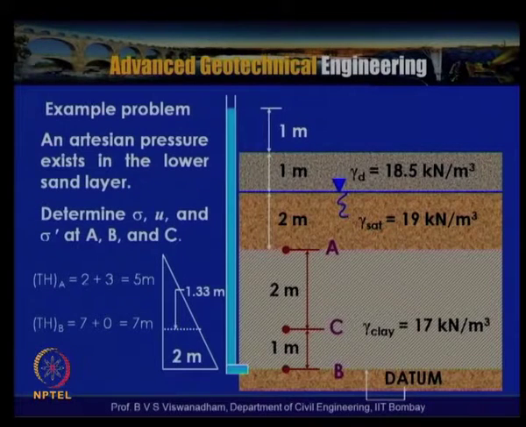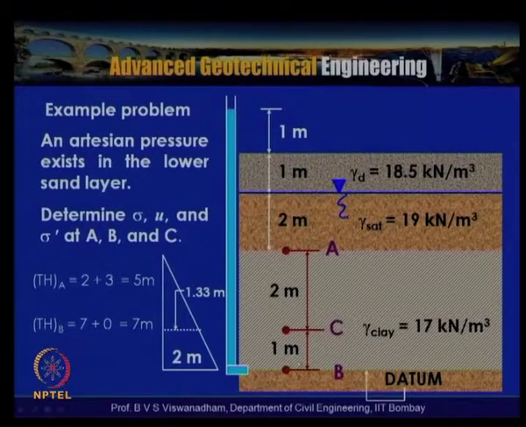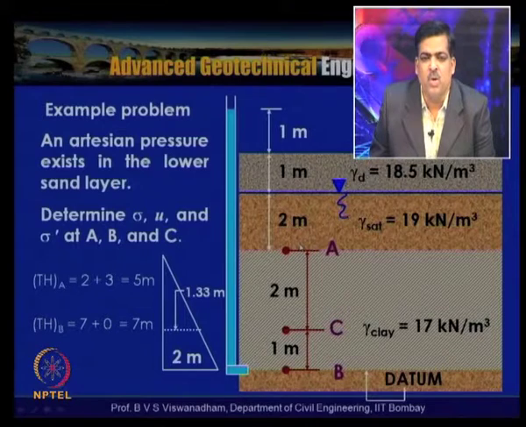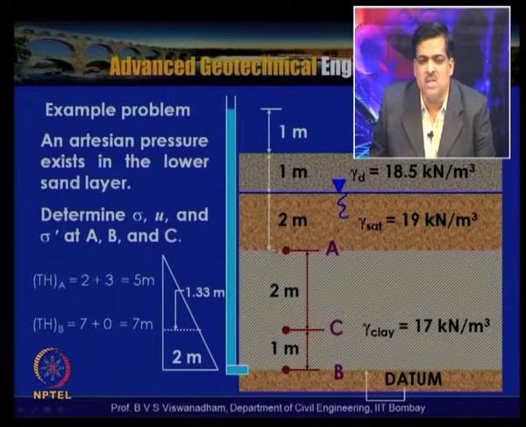This is also subjected to artesian pressure, but what exactly happens is that the head loss occurs when the flow takes place from point B to point A. So the total head at A is nothing but 2 meters of water, that is, elevation head is 3 meters and pressure head is 2 meters, because of the hydrostatic pressure, and because of that the total head at point A is 5 meters.